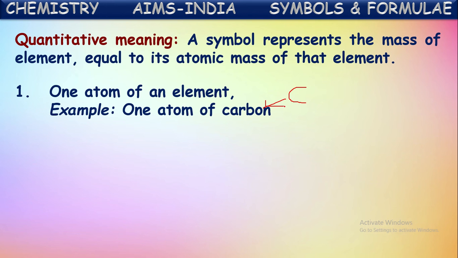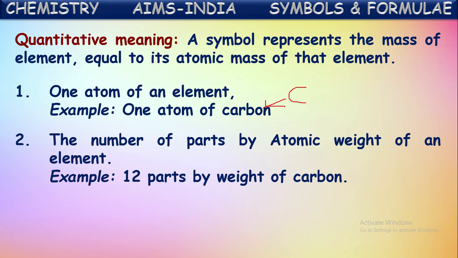So the symbol represents one atom of an element. The symbol also represents the number of parts by atomic weight of an element. So if I say C, it is 12 parts by weight of carbon.